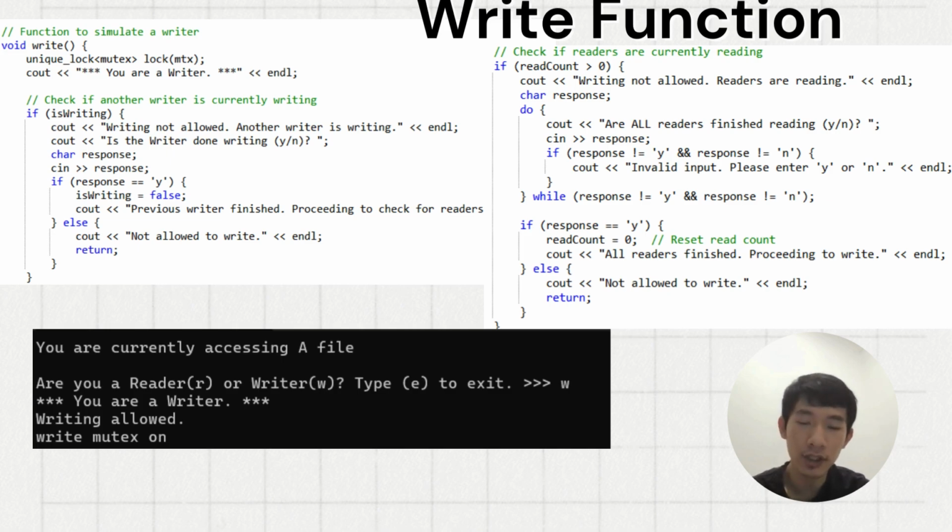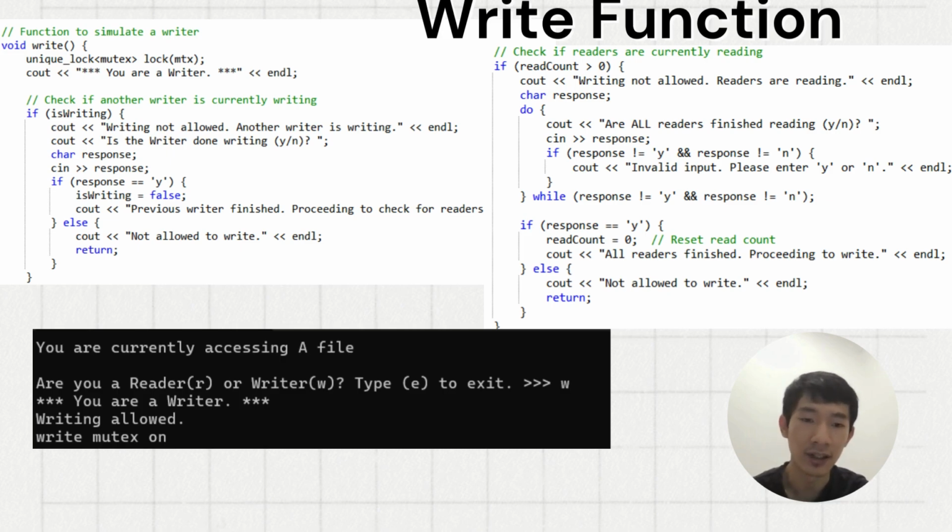Now, the write function is quite similar to the read function. Firstly, when the system starts up, we will show the user they are accessing a file, and we will get a prompt asking whether the user is a reader or a writer.